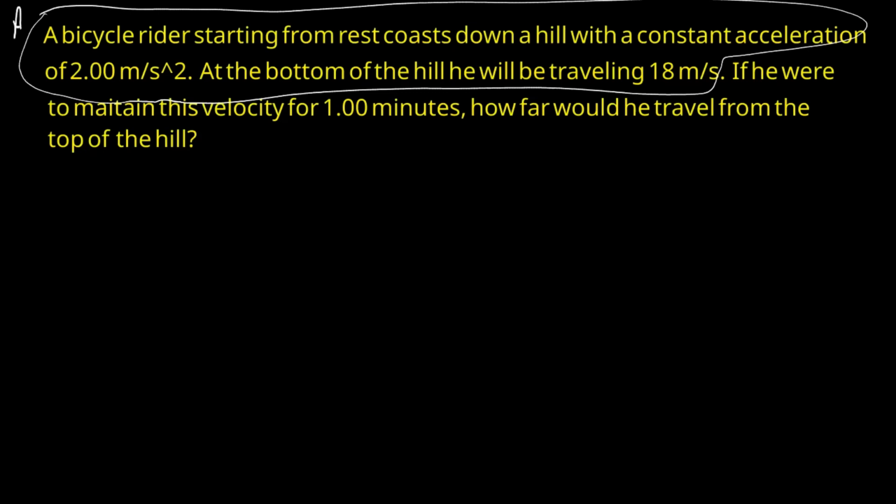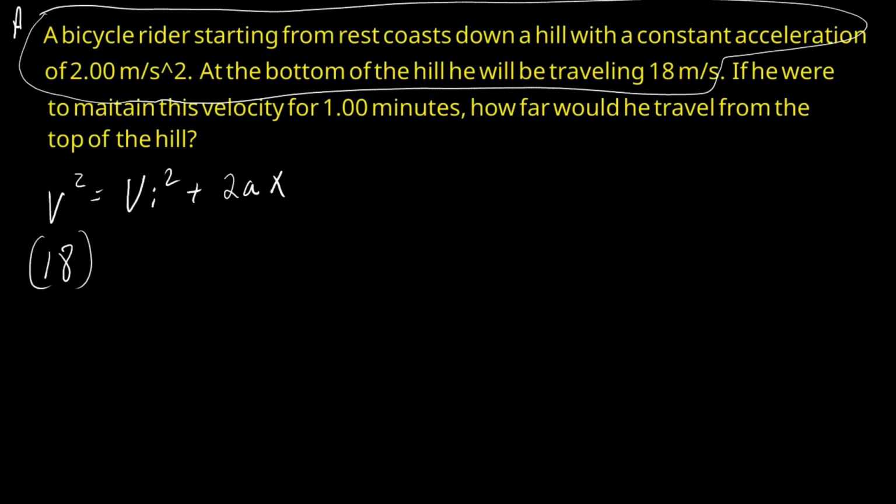We have two velocities. Since he starts from rest, we know his initial velocity is 0. We know his final velocity is 18 meters per second. We know acceleration. Let's use the formula: velocity squared equals the initial velocity squared plus 2ax. So his final velocity is 18.